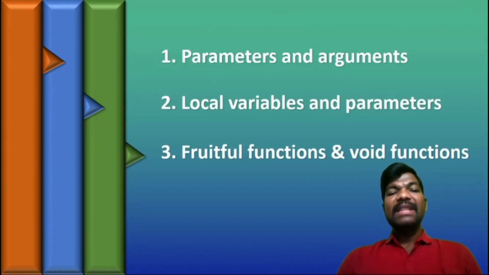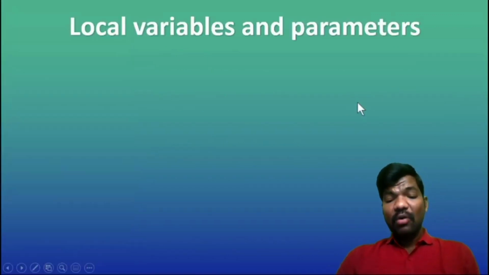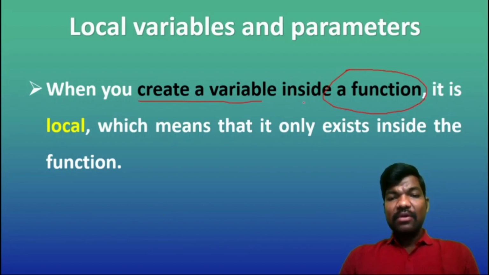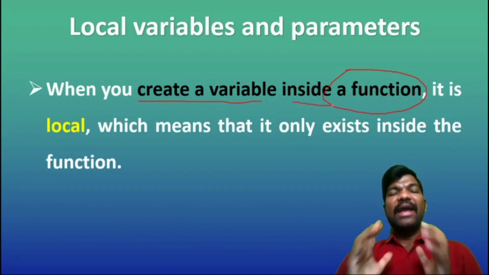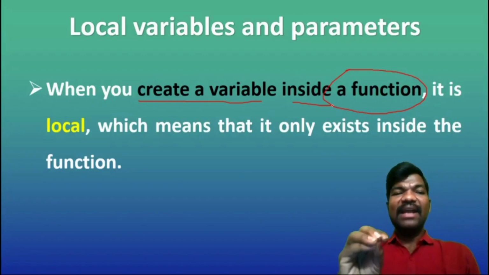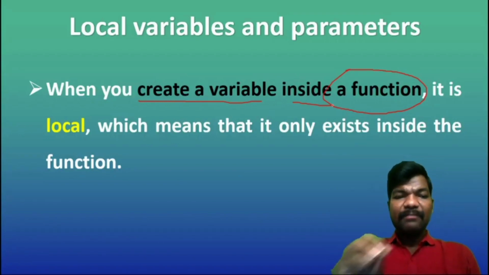Now coming to the second one, local variables and parameters. What are local variables? See here. Already we know how to create a function. If you are creating a variable inside the function, not outside the function, that is called a local variable. That variable is available only inside the function.